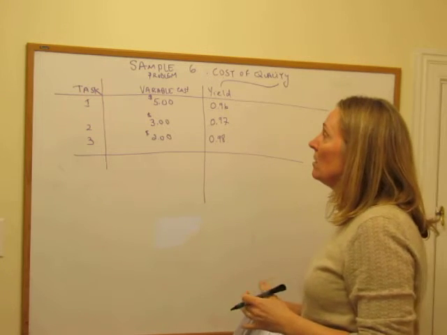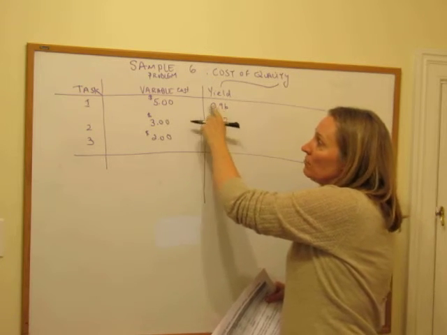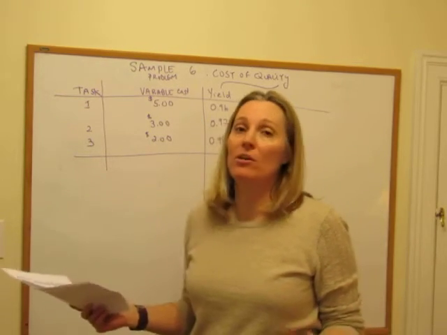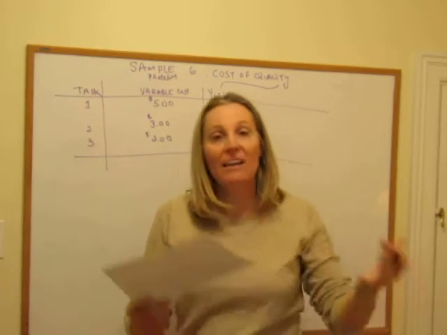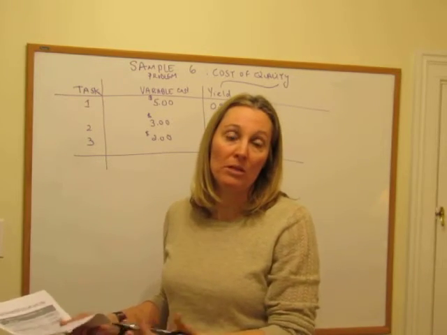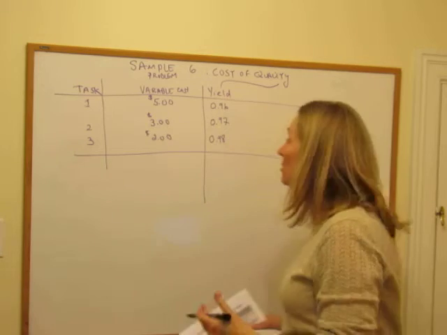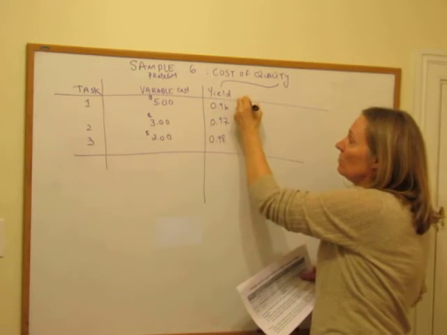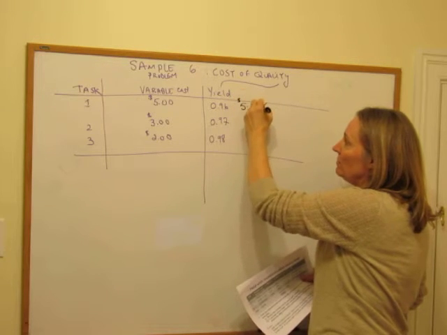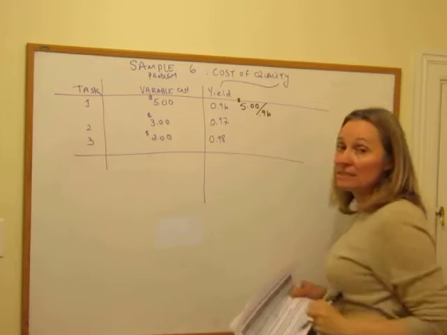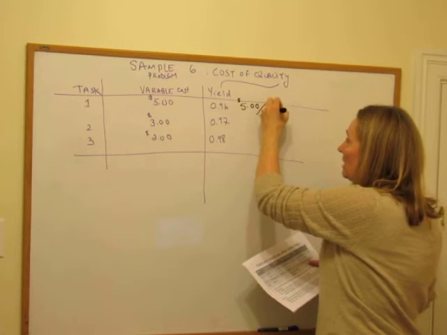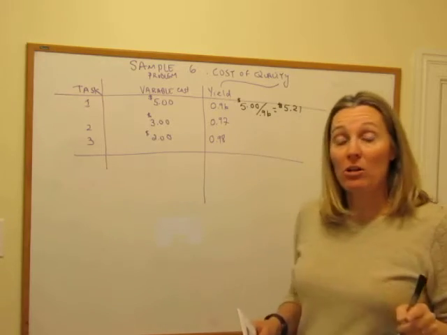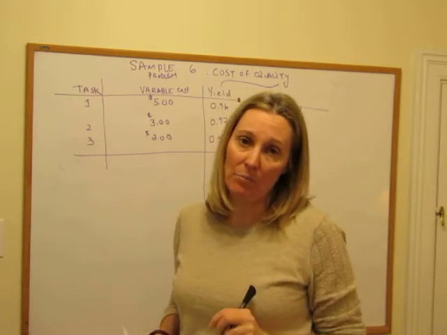So the 4% that get thrown away, 4% at $5, that money that we put into the variable cost actually gets saddled onto the good ones that made it through, because we've got to account for those costs. So the real variable cost of a good unit at the end of this process, we do the math by doing $5 and then dividing by 0.96, and this results in a higher $5.21 variable cost for the good products that came out of step 1.